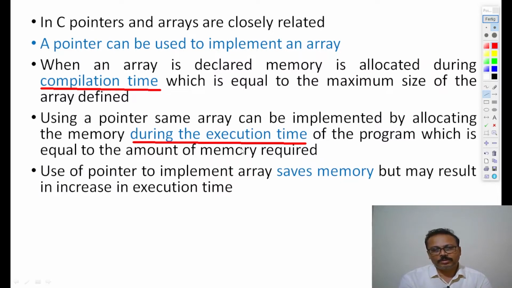Apart from executing the programming statements, you are allocating the memory also, and allocating memory consumes some time. So if you do something during runtime, it takes more time for the program to execute.